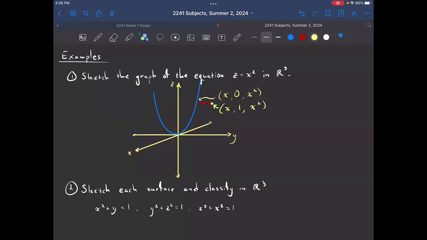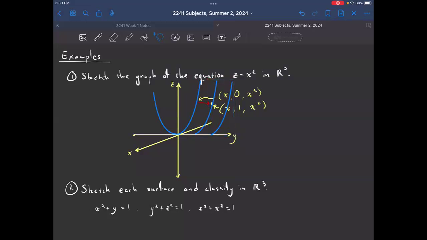All right, so what I can do is essentially take this shape, not what I wanted to do, sorry. Copy it and paste it right over here. And then I could also shift the point that I just made a little bit further up to (x, 2, x squared).